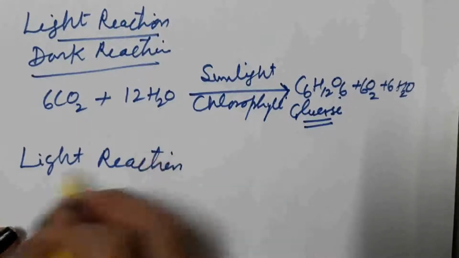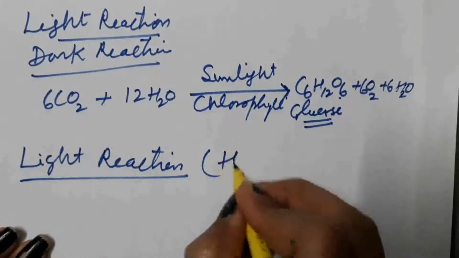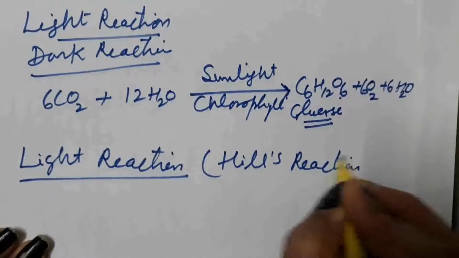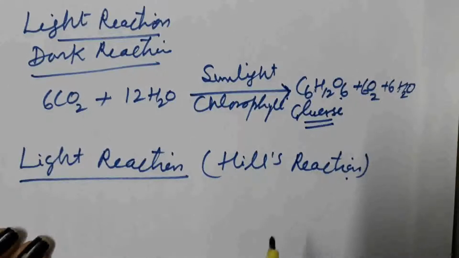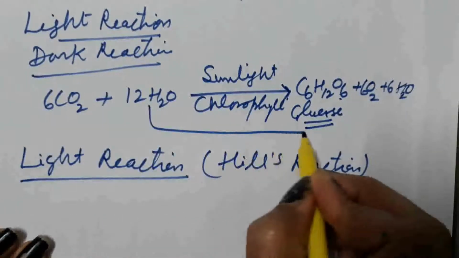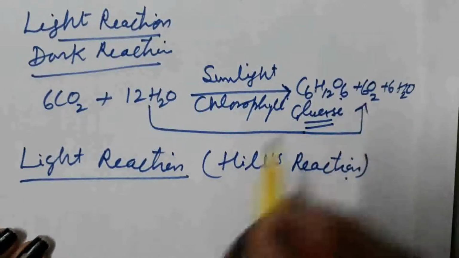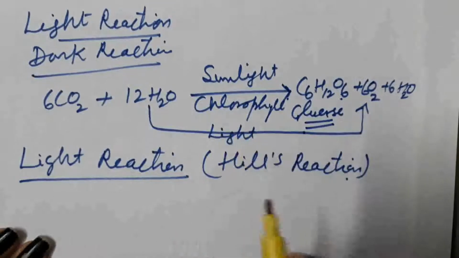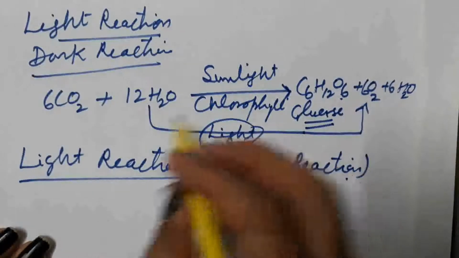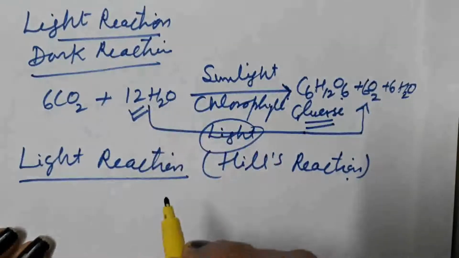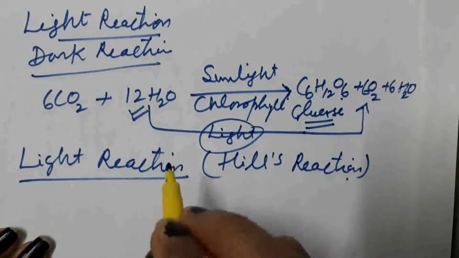Light reactions are also known as Hill's reaction. What happens in light reaction? Photolysis of water takes place and oxygen is released. Photo means light, lysis means breakdown.